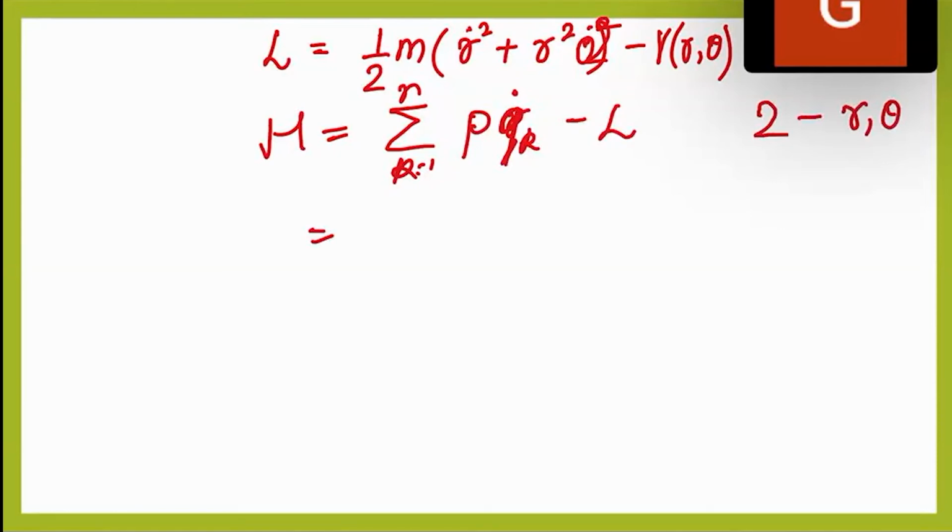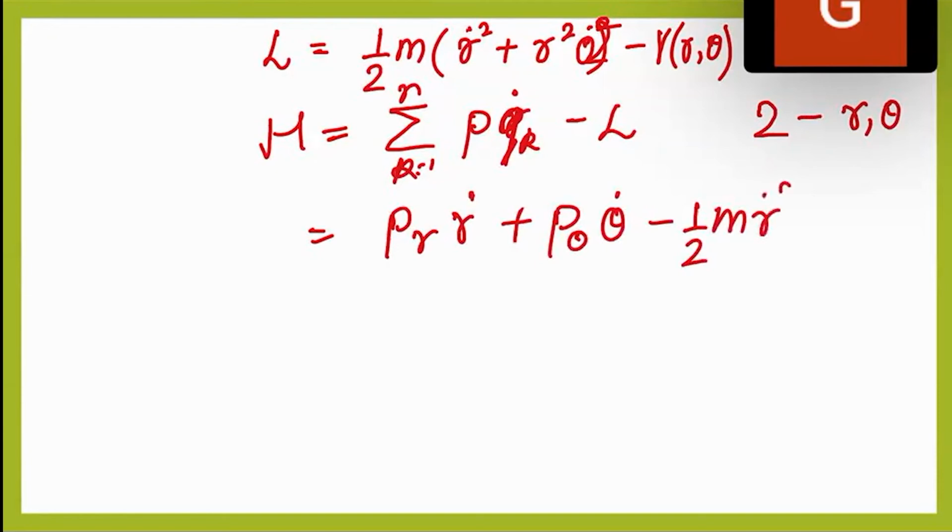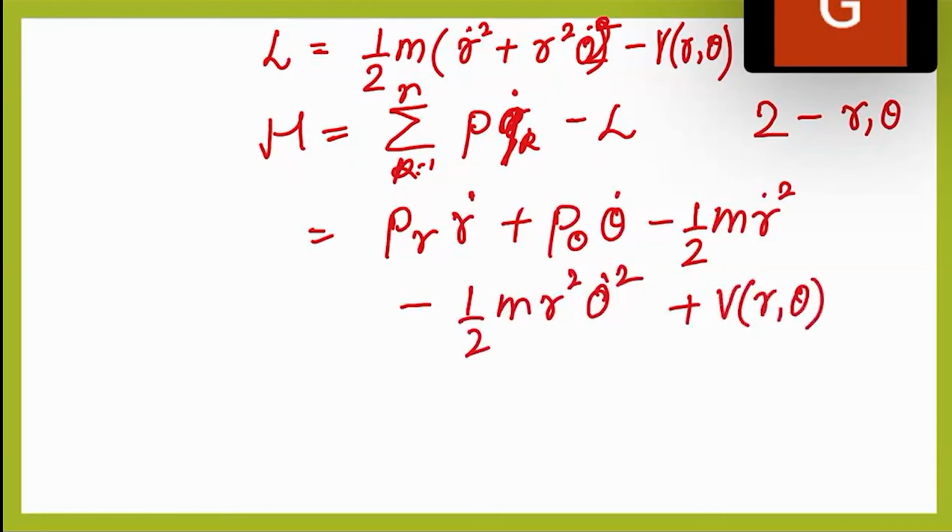So H equals p r r dot plus p theta theta dot minus L. L is half m r dot square plus half m r square theta dot square minus V(r, theta). This is your H.